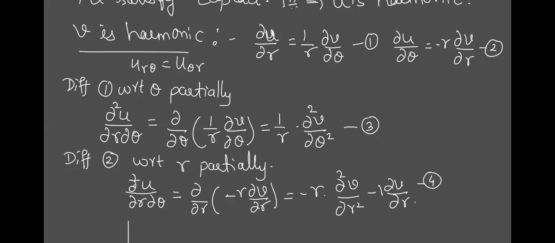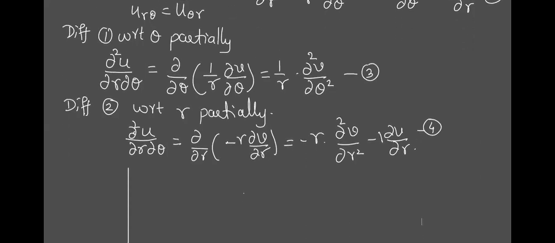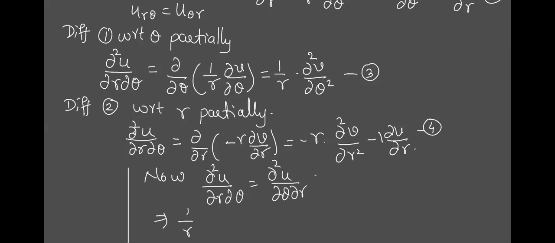Now what I will do, I will use the concept that the derivative of u with respect to r θ or θ r are one and the same. Okay, let us use it. So I'll use, what is the value of ∂²u/∂r∂θ we have got? 1 by r ∂²v/∂θ² equal to, what is the value of ∂²u/∂r∂θ?